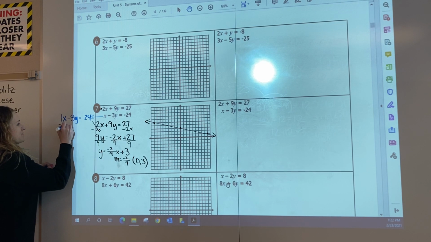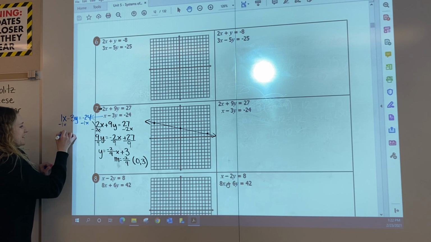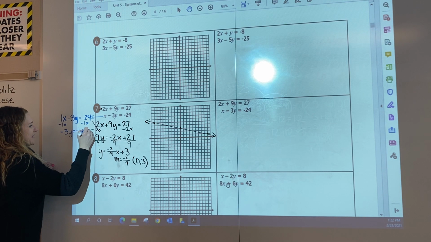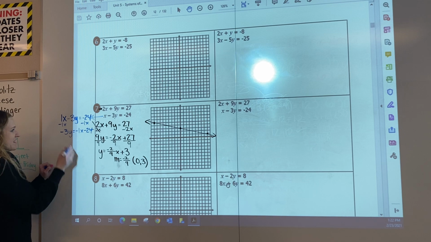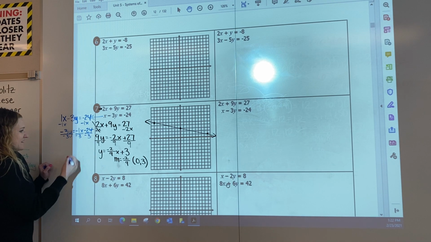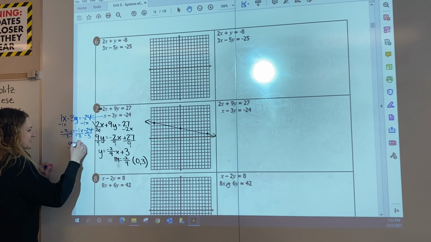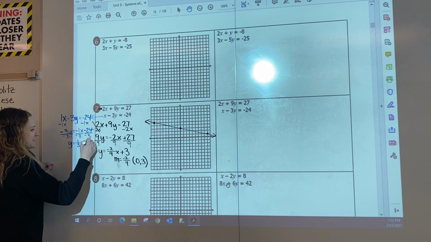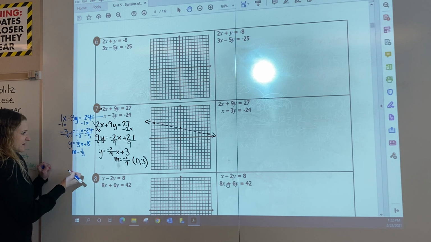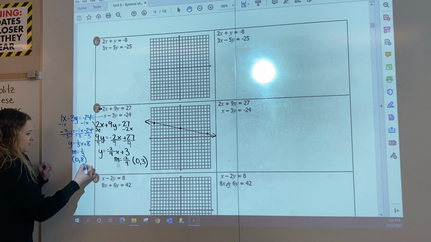I need to subtract my 1x on both sides, leaving me with negative 3y equals negative 1x minus 24. Last, I'm going to divide everything by negative 3, and I get y equals a positive 1/3 x plus 8. So my slope of this line is 1/3, and the y-intercept is (0, 8).